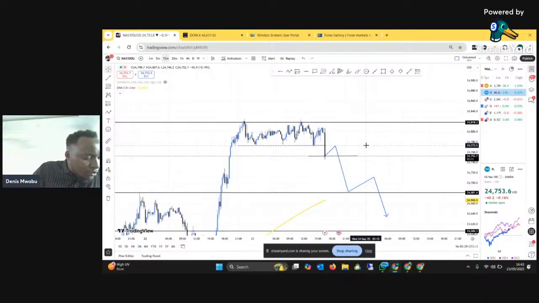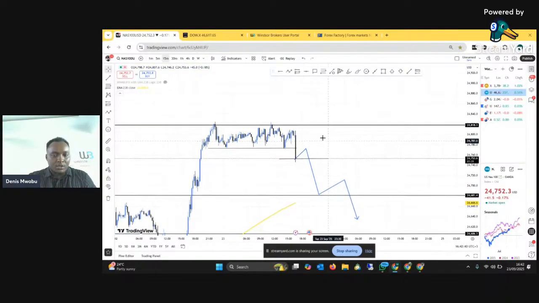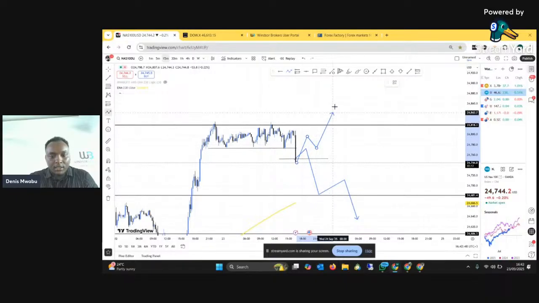Let's see if you guys are following. That will be a liquidity grab, right? So if you have that liquidity being grabbed, and then price comes and does like this.